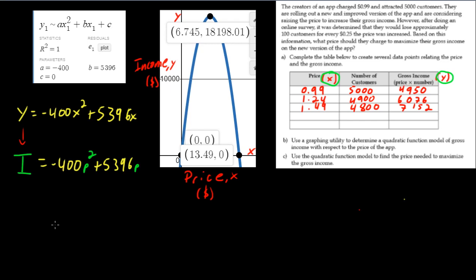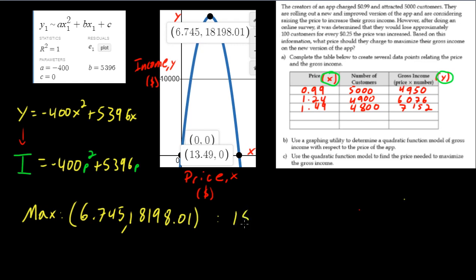So after that, we can figure out what our maximum gross income is going to be. We have our maximum point. Our max is at 6.745, 18,198.01. And we want to say that our maximum gross income is going to be 18,908.01.